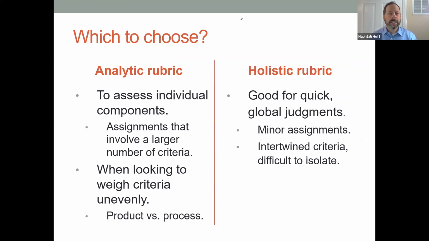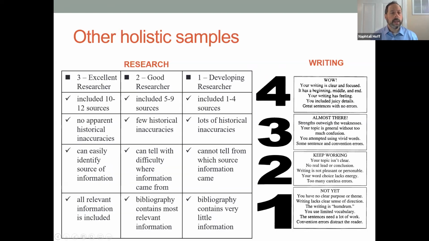So as we consider the question of which one to choose, I think you have to really ask yourself, what am I trying to accomplish here? So if I want to break it down, let's go back for a moment to the previous slide. Let's look at the one on the left side. Let's say, for example, I wanted to focus on how many sources you provided, how many inaccuracies or how accurate your document was, et cetera.